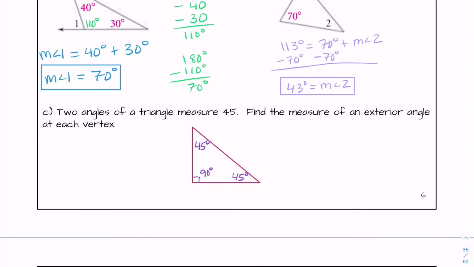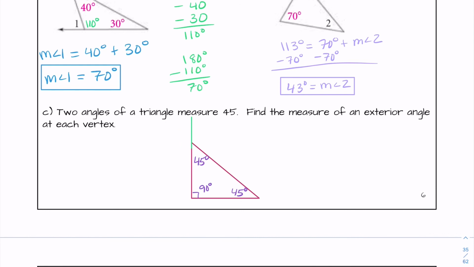And it says, find the measure of an exterior angle at each vertex. So I can do the exterior angle either direction I want to, but I'll go this way. For this one, again, I could go this way. It's not going to matter, because you see those vertical angles. This angle will be congruent to that one. So either one I choose, it won't matter.